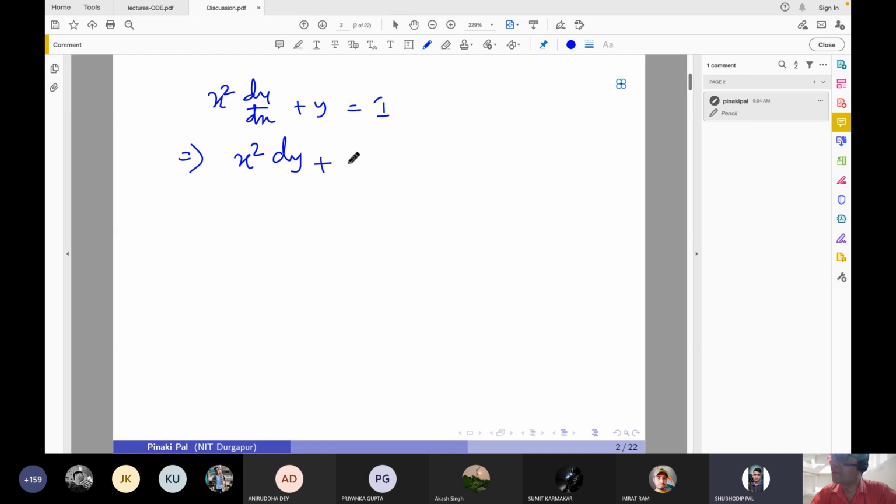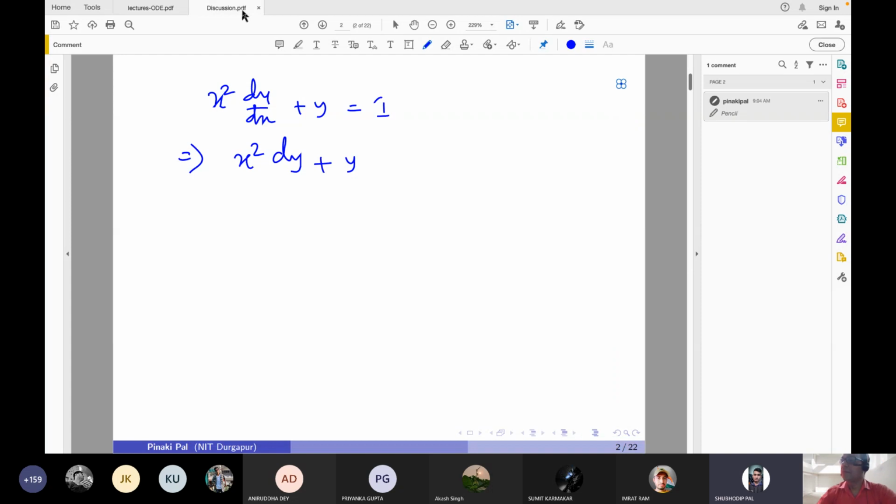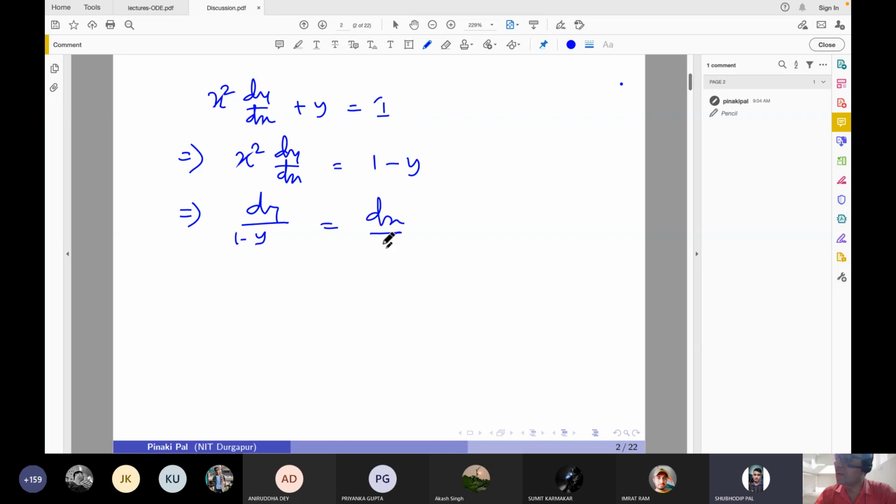Yeah, y equal to 1. Okay, so x squared dy/dx is equal to 1 minus y. We can represent it like this. Then dy over (1 minus y) is equal to dx by x squared. So you see, we could separate the variables for the given differential equation. Now you just integrate it, you will get the solution.